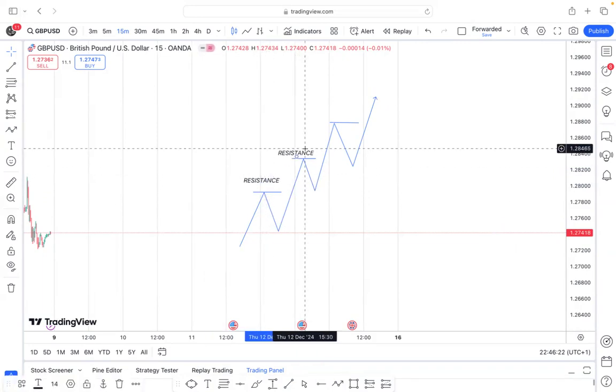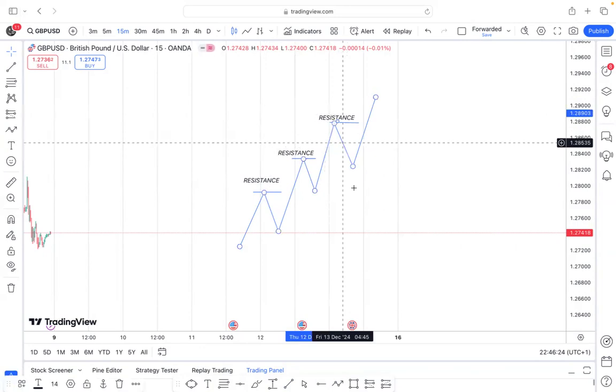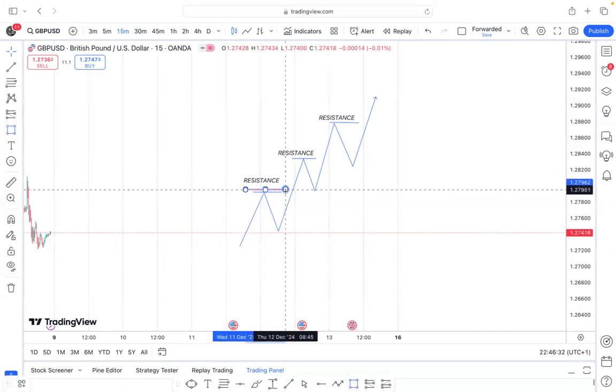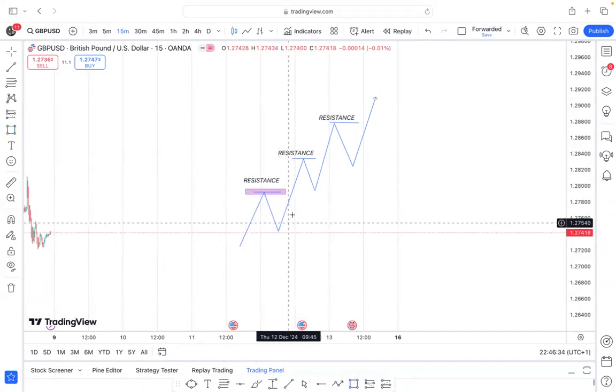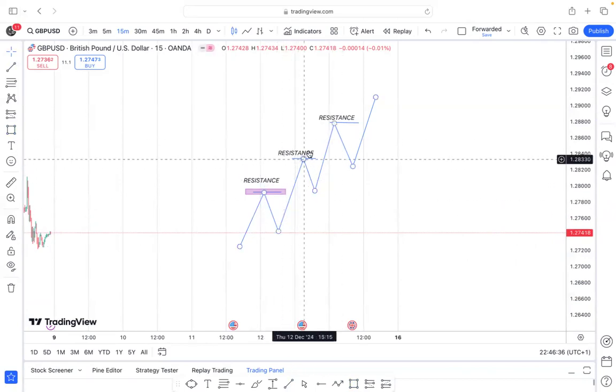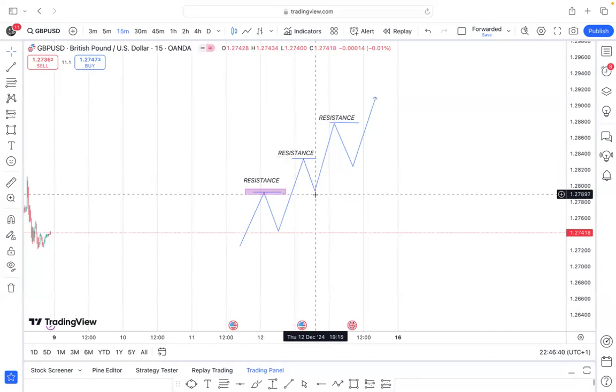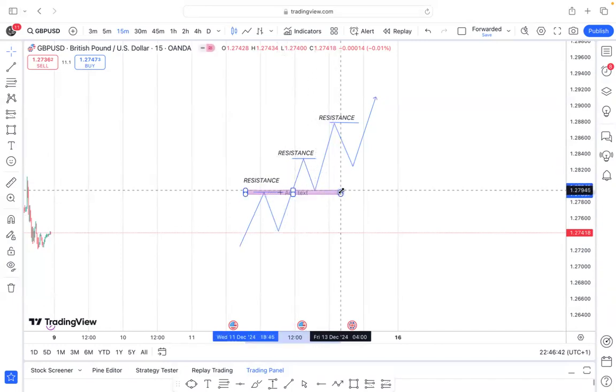So what does price always do? This resistance level, before going up in its initial direction, price had to break that level. Now, after breaking that level, it comes back again to test it like this.